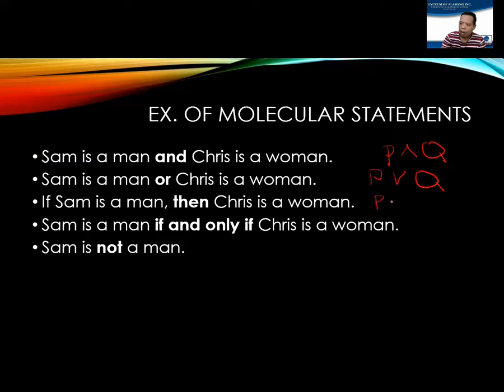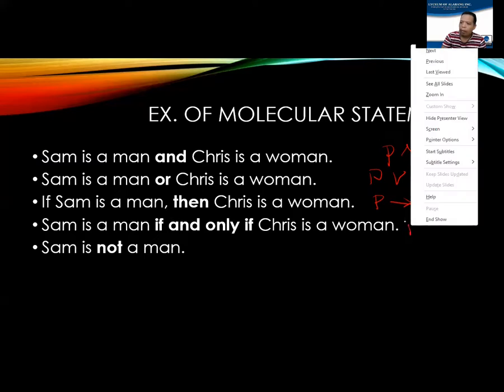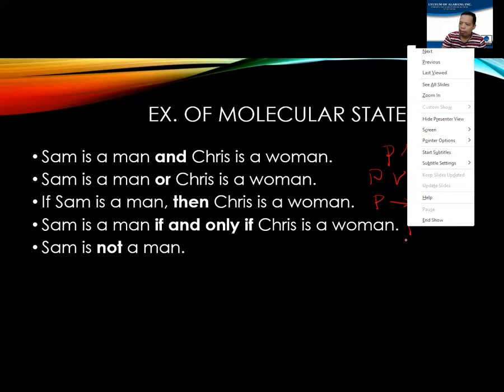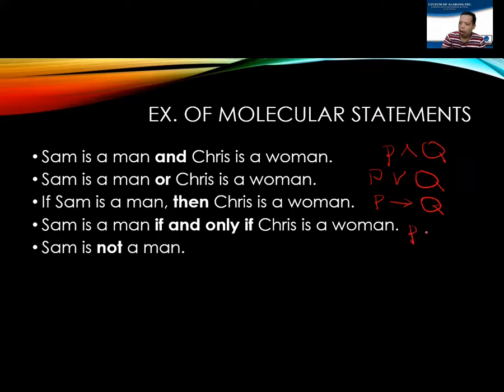So this implies P to Q. The other example, Sam is a man if and only if Chris is a woman. So again, the well-formed formula is this one.